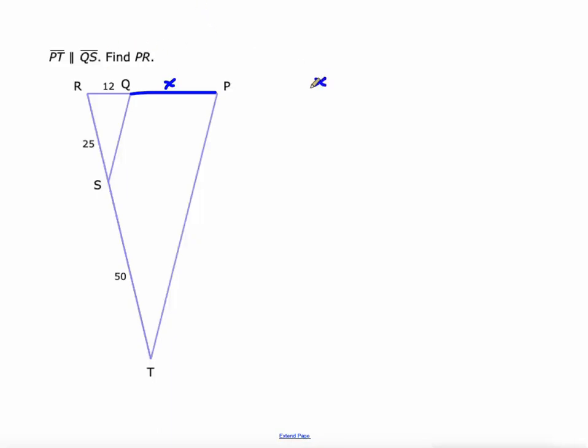So I'm going to say X over 12 is equal to 50 over 25. And actually, hopefully you can see this without doing cross products. Like, I'm looking at this as 25 times 2 is 50. So 12 times 2 will give me that missing value.